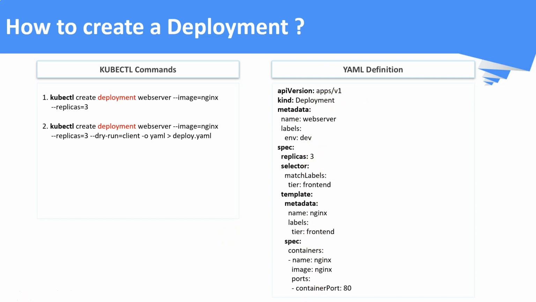Now let us understand the deployment manifest YAML a bit more in detail. A deployment definition has four important top level fields, that is apiVersion, kind, metadata, and spec.